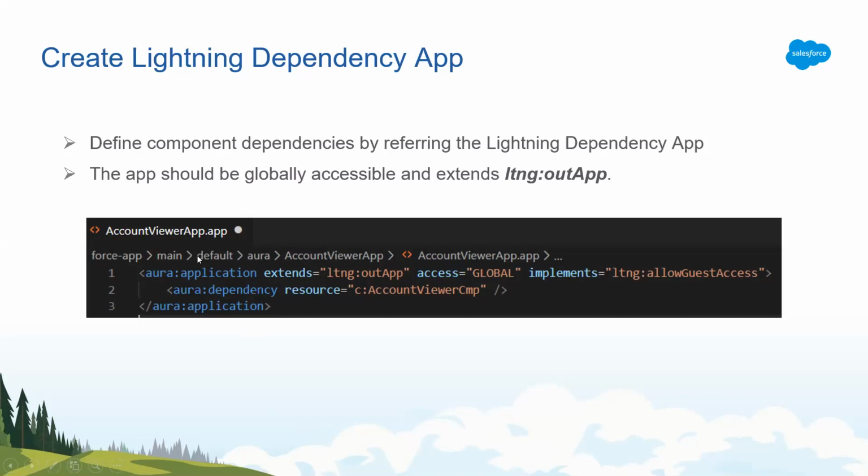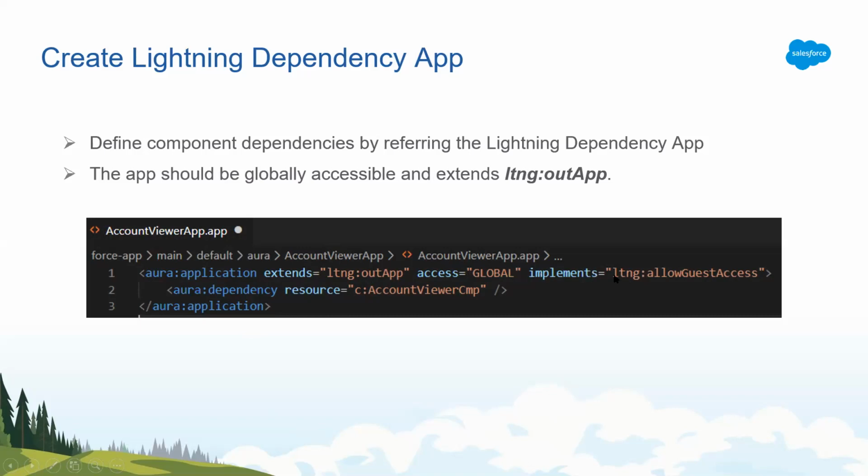So if you see here, I hope you can see my mouse cursor. This is the extension that you need to use to make your Lightning application a Lightning Out app or a dependency app, and you put the access level as global. Now you might be wondering what this implements is.